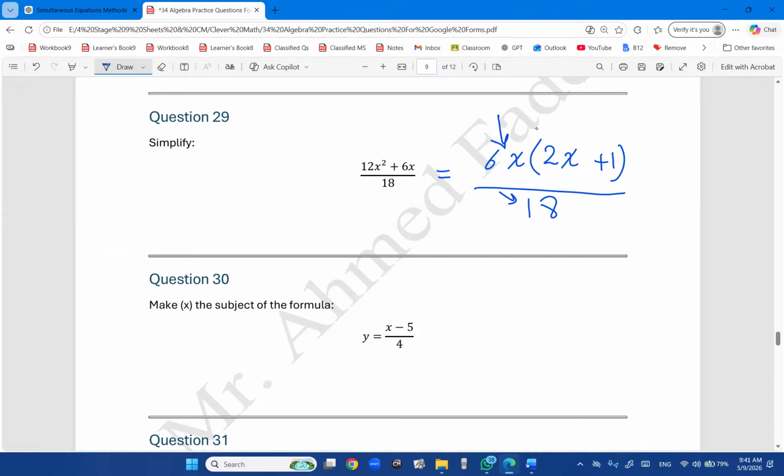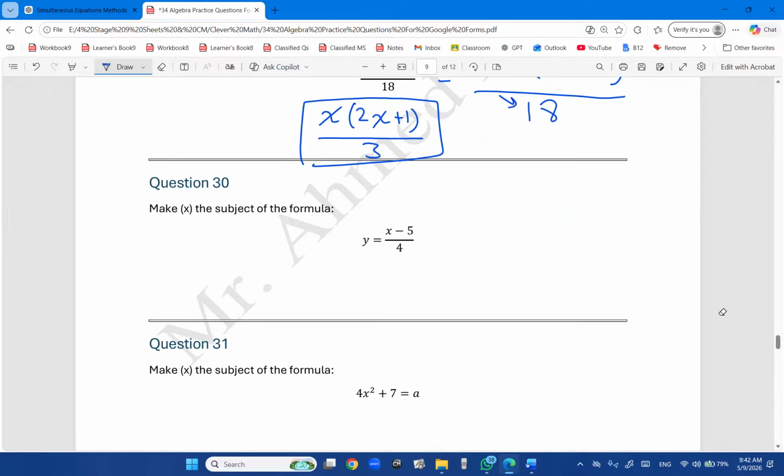Yes, I can. Divided by 6 is going to leave the x alone. And dividing it by 6 is going to leave it as 3. And this is the simplest form. Oh, mister, so I do not have actually to get rid of the denominator completely. You don't have to. You have to simplify if possible. So that's the simplest form we can reach.